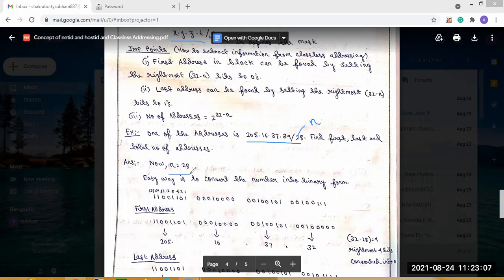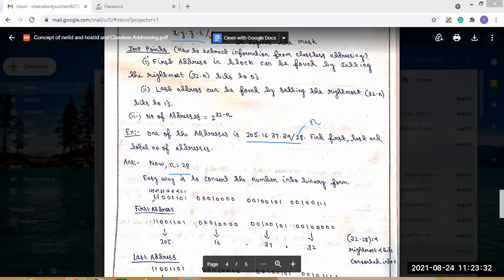Now to find this, the easiest way is to convert this number into binary form. Don't consider the mask, only these values. So we converted this into binary form.